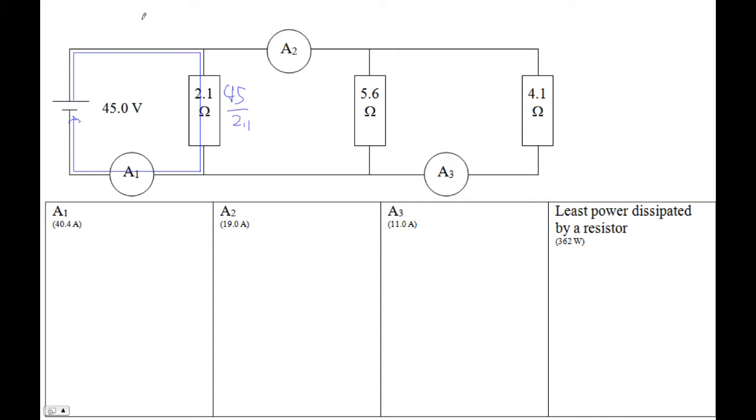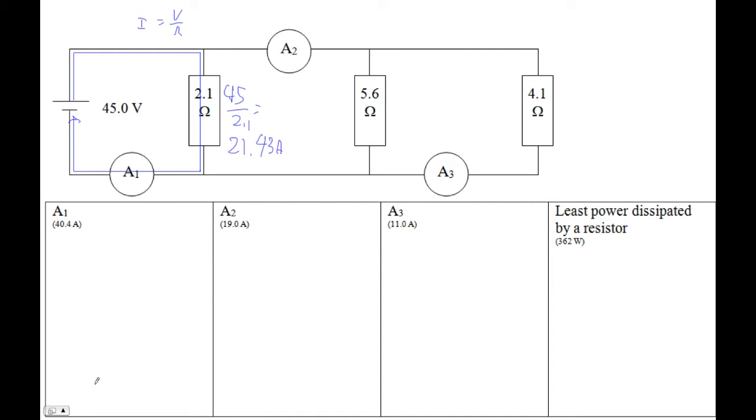I'm using Ohm's law. Current is V over R, right? Which is not how it's stated, but that's how I think about it. 45 divided by 2.1 is 20. Wow, a lot of current. Okay, so this guy is 21.428. I'll say 4.3.